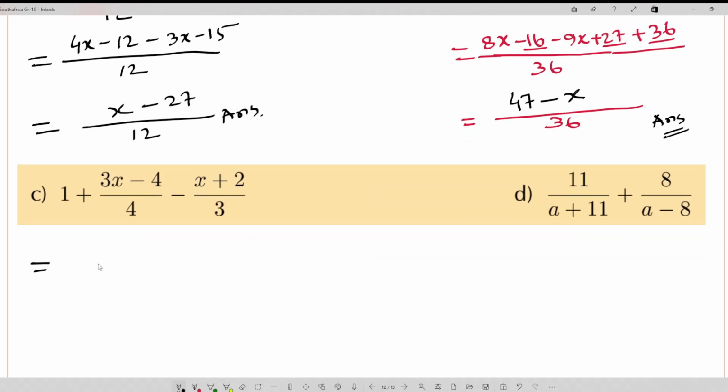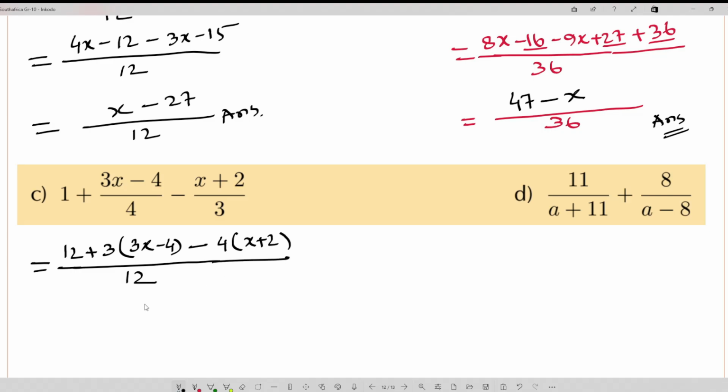This one. Here is also a common thing. LCM is 12. So we can write 12 plus 3 times (3x minus 4) minus 4 times (x plus 2). So here is 12, then 12 plus 9x minus 12 minus 4x minus 8, right?